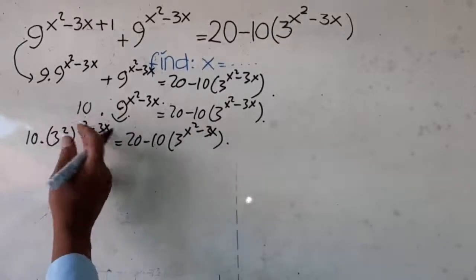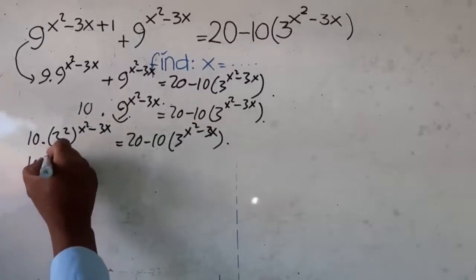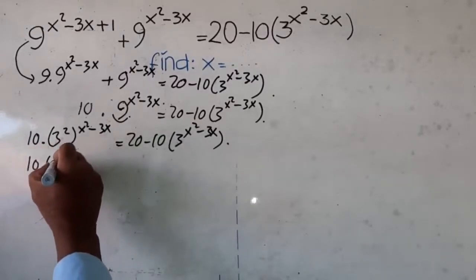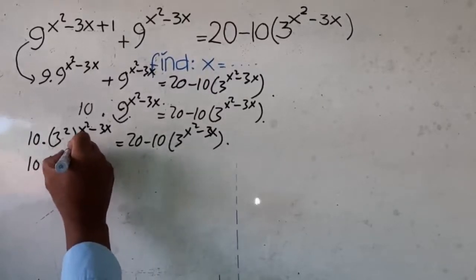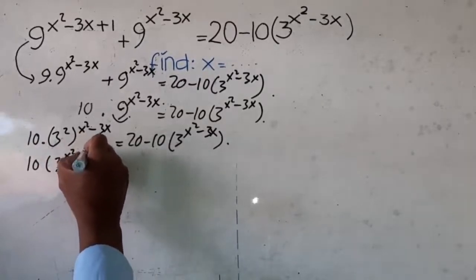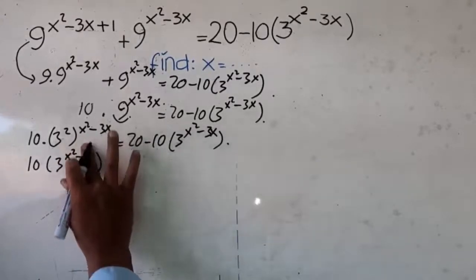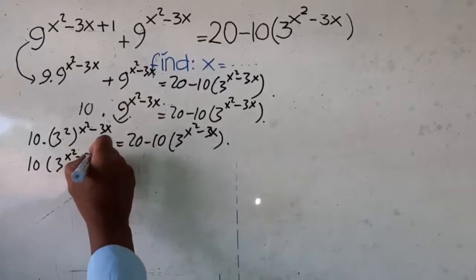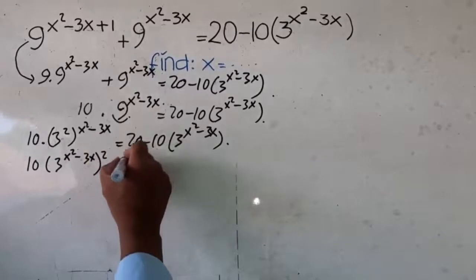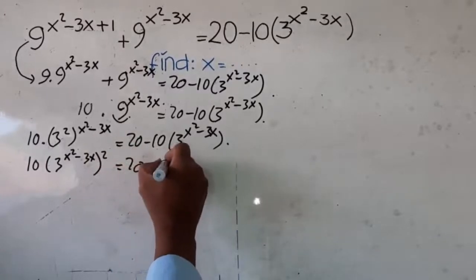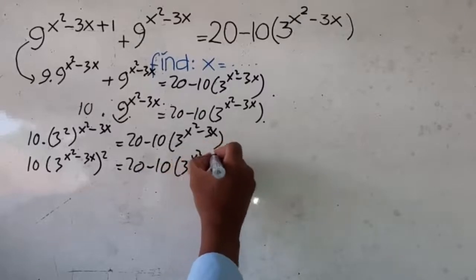Switch the exponent, ya. 10 times 3 power x square minus 3x, minus 3x times 2, equal 20 minus 3 power x square minus 3x.